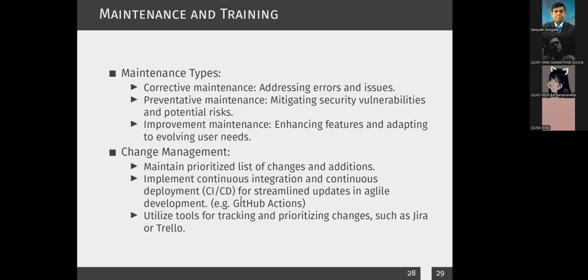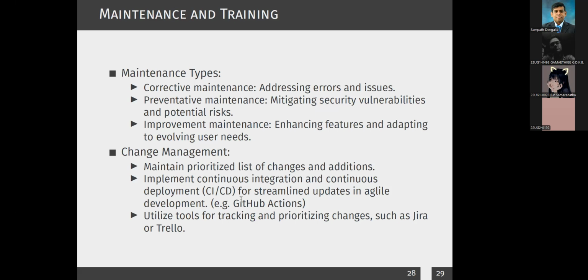Then change management, maintaining a prioritized list of changes and additions. Then implement continuous integration and continuous deployment, we call CI/CD, to streamline updates in agile development. This is what I have mentioned earlier. If you use Git and GitHub, GitHub Actions helps you automate your tasks.